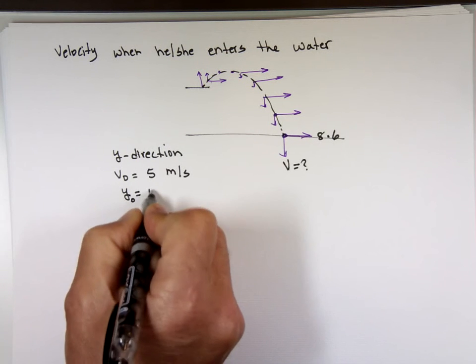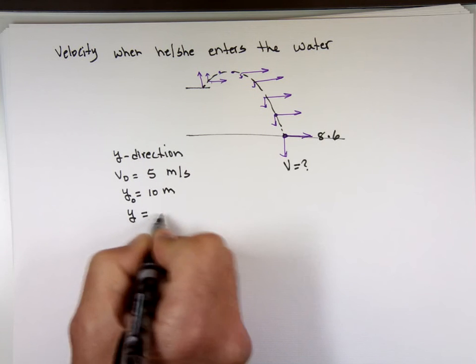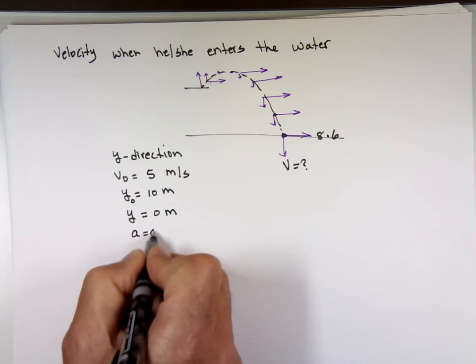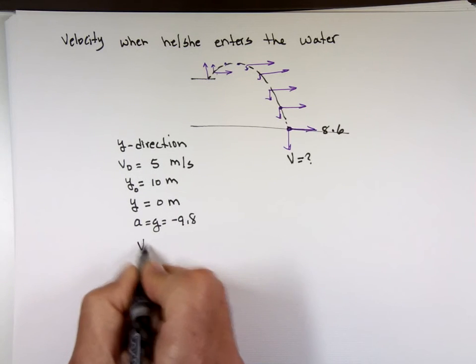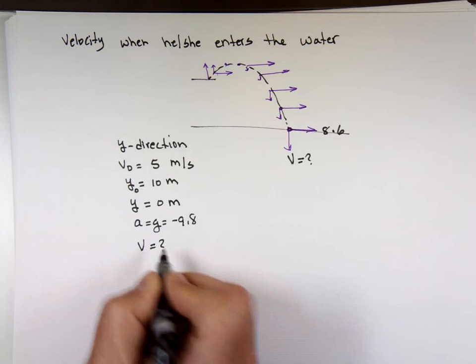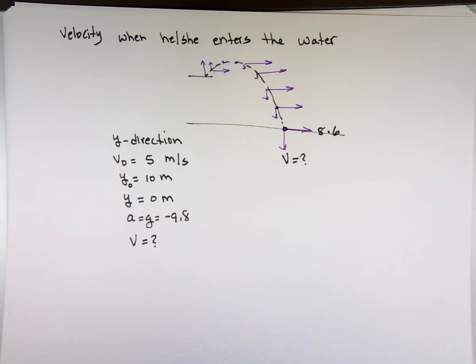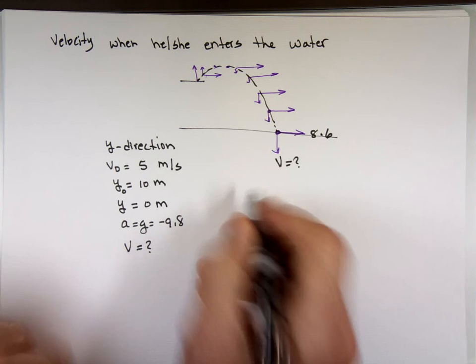When the diver hits the water, the final height is 0 meters. We know the acceleration, which is gravity, negative 9.8. And now I'm looking for the final velocity in the y direction. The equation is probably the fifth equation.